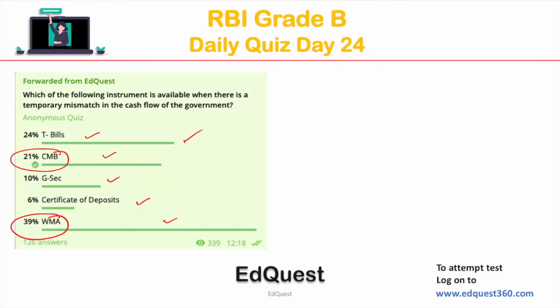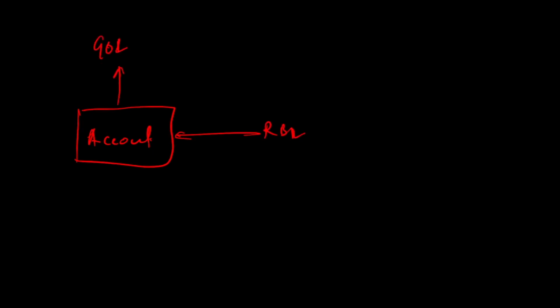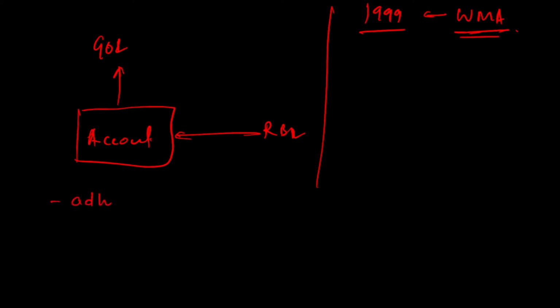So I'll repeat. Let us assume this is government's account. This is RBI. This is Government of India. And we are imagining the situation before 1999, after which we introduced ways and means advances. What used to happen was there was a mechanism called ad hoc T-bills.